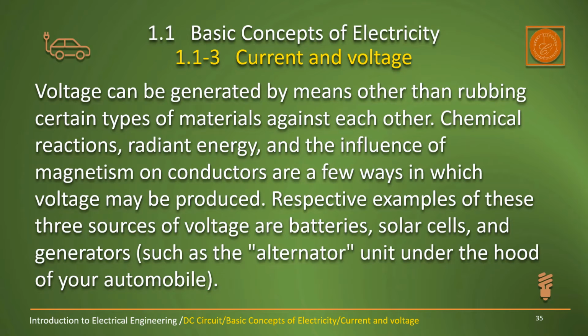Voltage can be generated by means other than rubbing certain types of materials against each other. Chemical reactions, radiant energy, and the influence of magnetism on conductors are a few ways in which voltage may be produced.